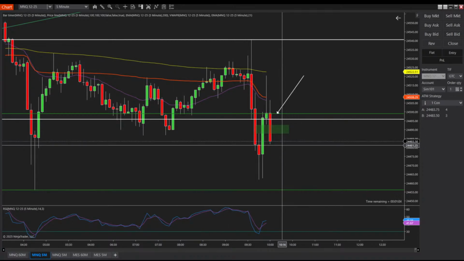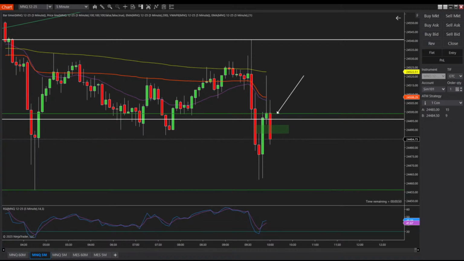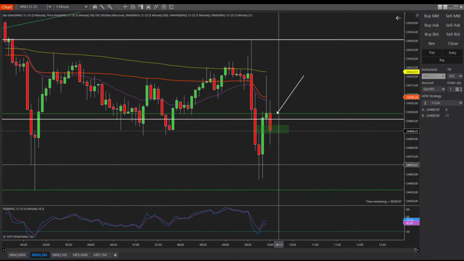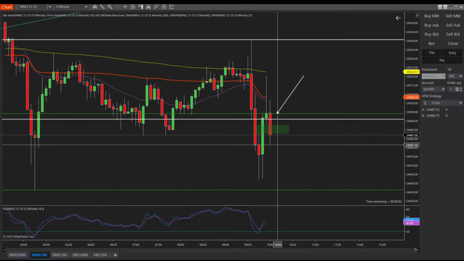Nice, stay focused here. This looks like continuation to the downside now. But the candle's still not closed. There's still 45 seconds left for this candle to close.